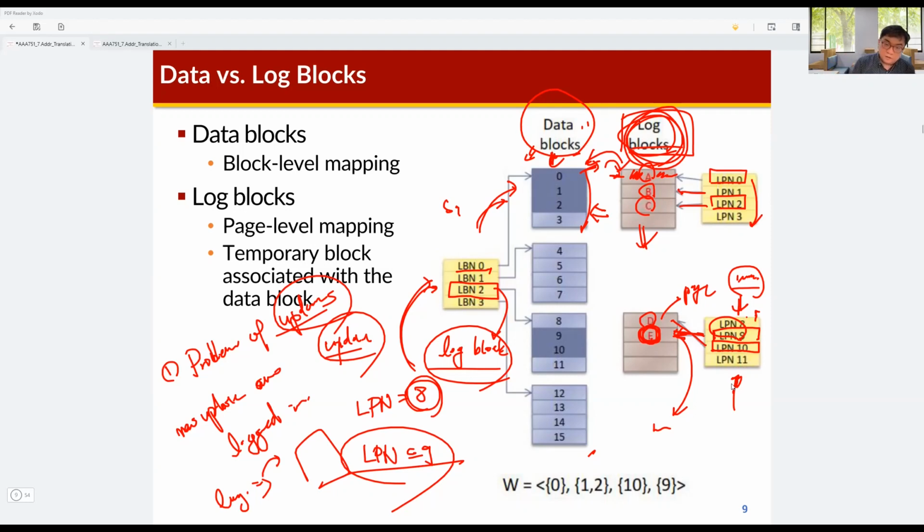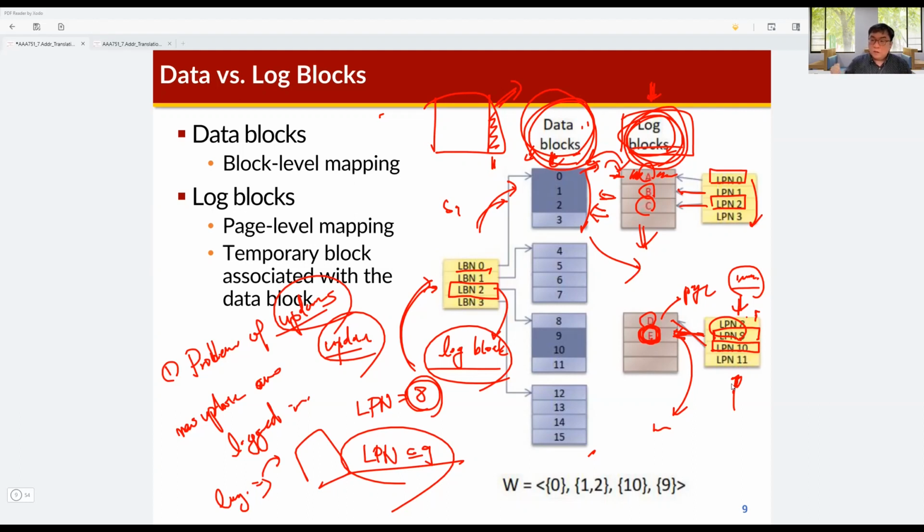So the SSD assigns only a small fraction of the flash memory to log blocks. If all log blocks are consumed by the associated data blocks, then you need to perform a merge operation. That means we take the data inside of the log blocks and the existing data blocks, and create new data blocks.